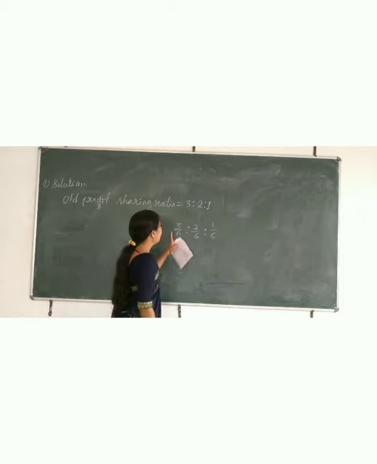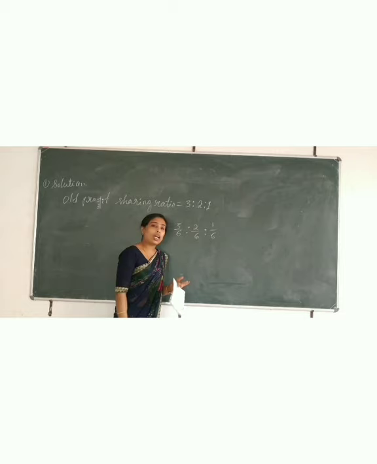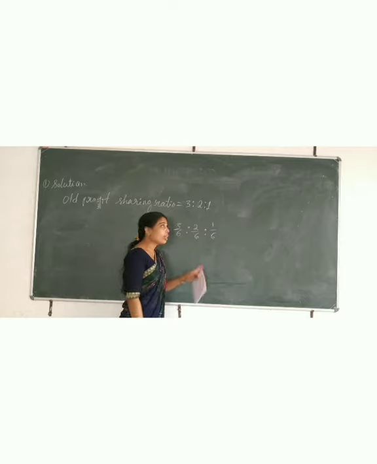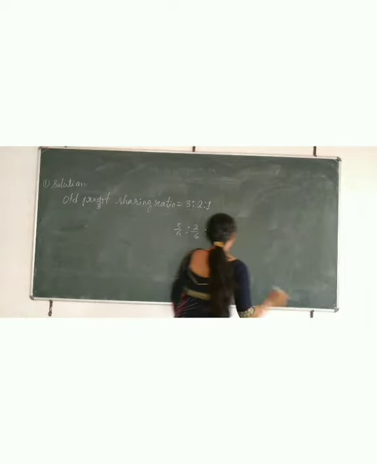When the old profit sharing ratio is given, there will be an agreed ratio. If in the question the agreed ratio is given, we need to calculate the gain ratio with the help of the old profit sharing ratio and also with the help of the agreed ratio. So we will start solving this one.